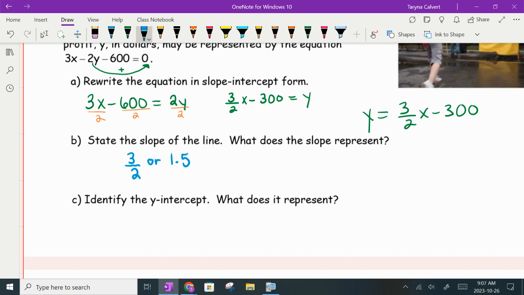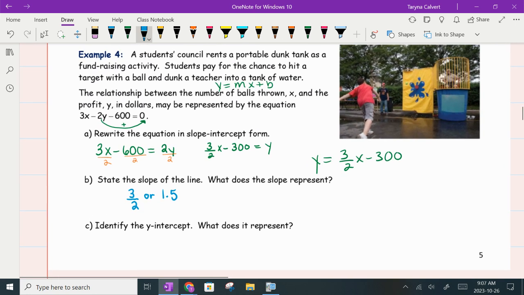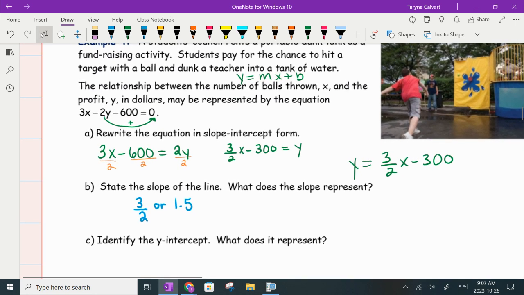So what does the slope represent? So in this context, does anybody understand what the 1.5 represents? Since x represents what? Right. So x represents the number of balls thrown. So guess what the 1.5 represents? Yeah, the dollars. It's how much each ball.